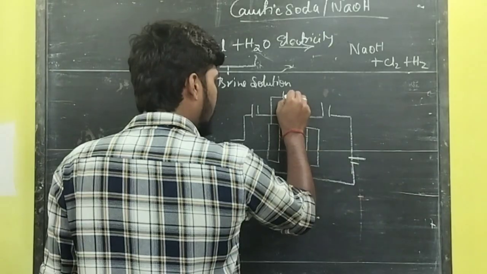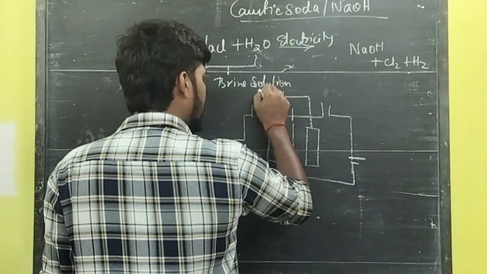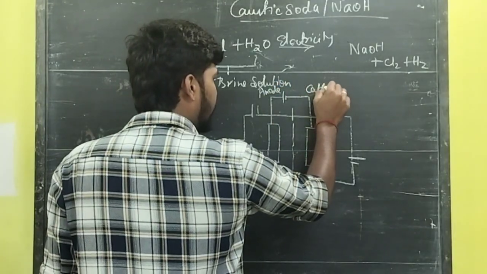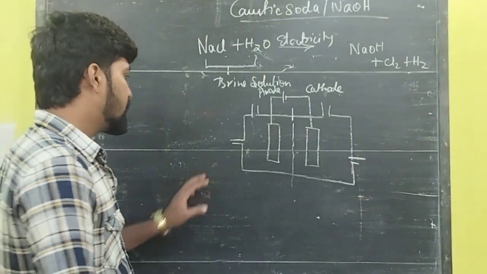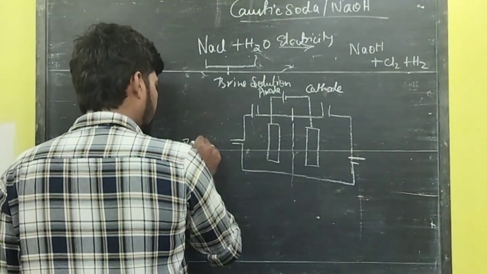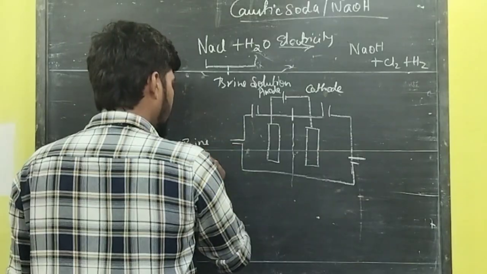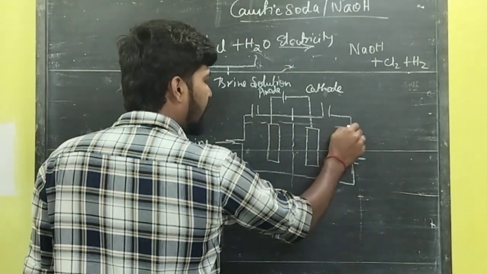It is connected to a battery. This side is called the anode, the positive end we call the anode, and the negative end we call the cathode. Here we are passing which solution? Brine solution, which is nothing but NaCl plus H2O. Brine solution we are passing through this inlet.